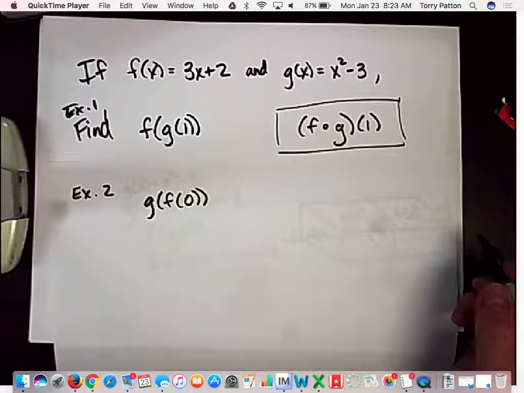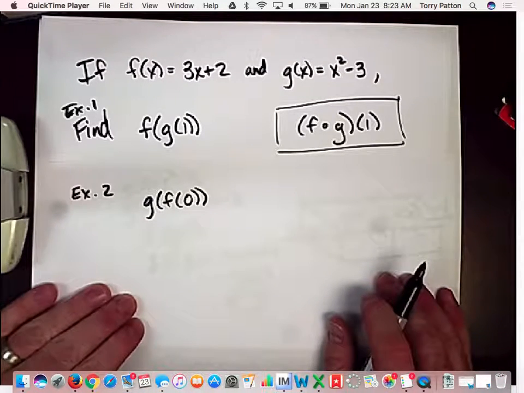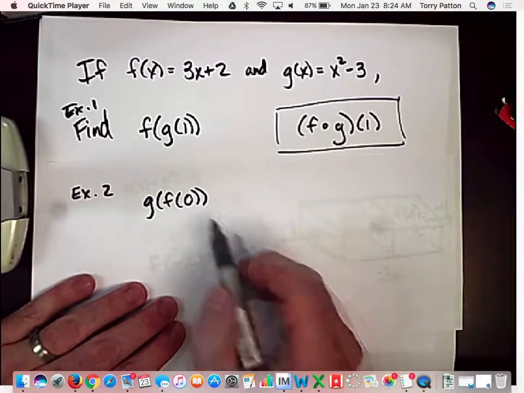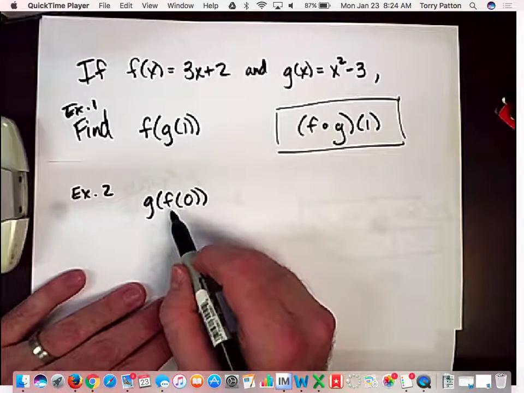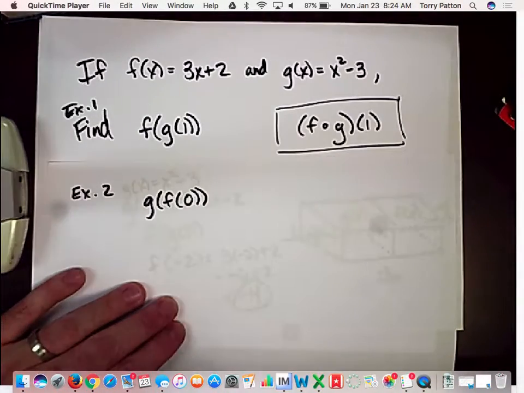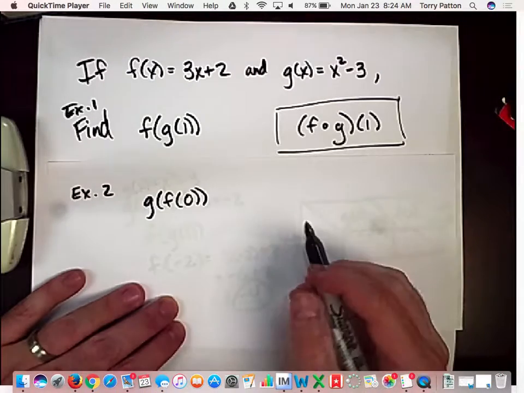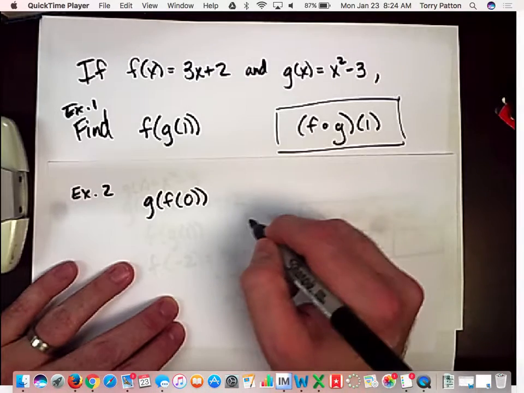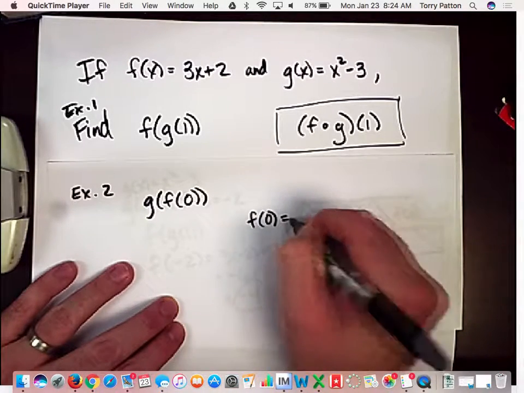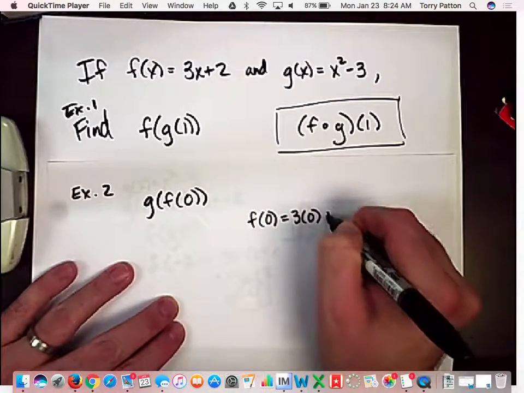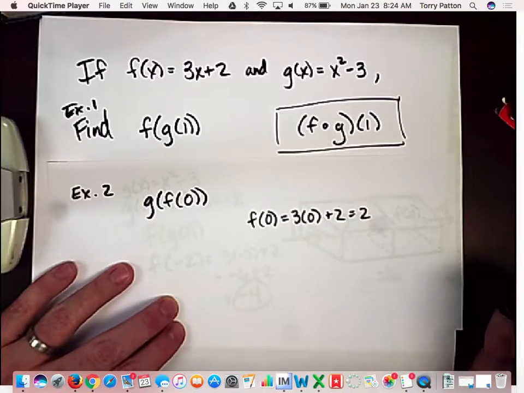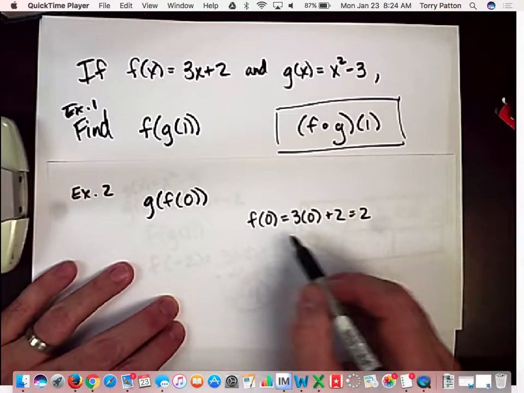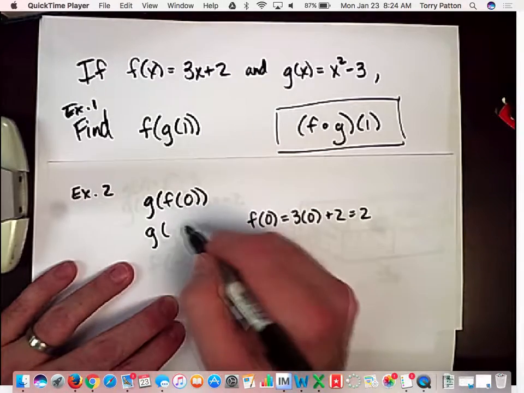Now, in this case, which box is first? f, right. f is the first thing that gets something plugged into it. Then that output becomes the input for g. Okay? So the first thing we're going to say is f of 0 is 3 times 0 plus 2, which is 2. So in place of f of 0, we can write 2.